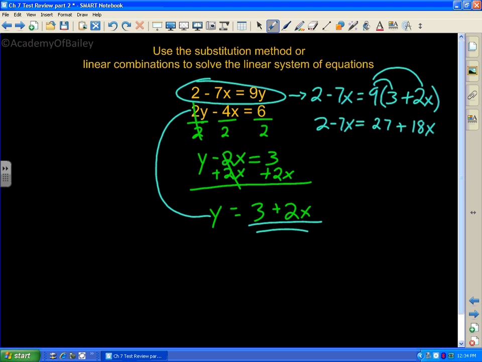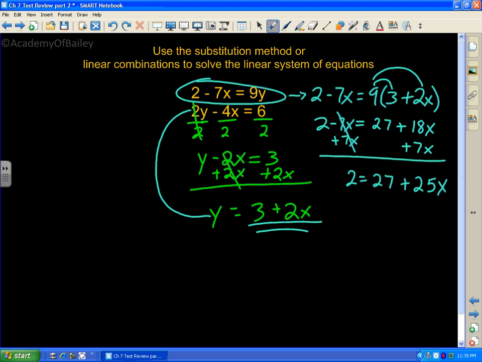So we go from here. Let's add 7x to both sides. So we're left with 2 is equal to 27 plus 25x.